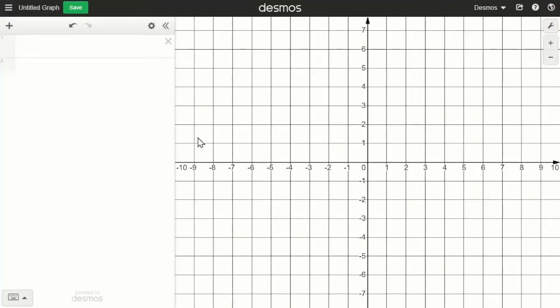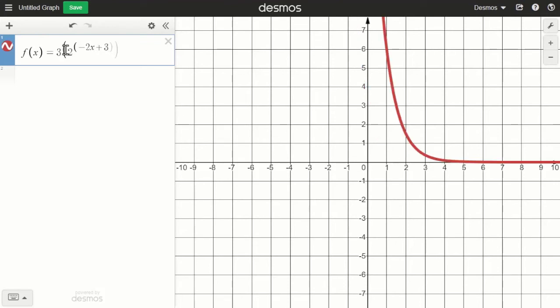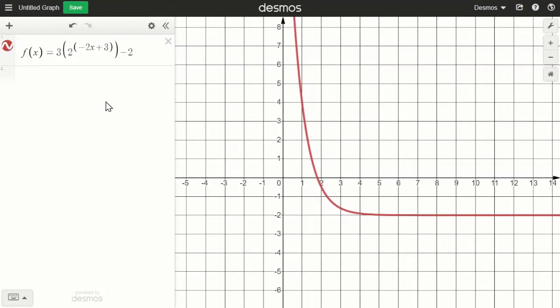All right. So now allow me to do the following. f of x equals 3 times 2 to the minus 2x plus 3, minus 2. That is the function that we've seen earlier. Now I'm showing a live scene of how I can use decimals to graph that function. So this is the graph for that.